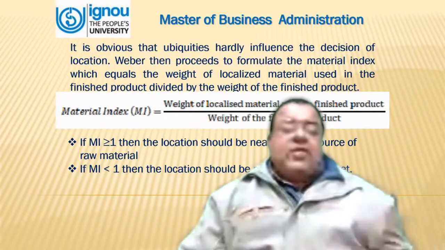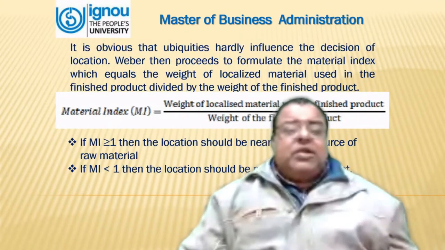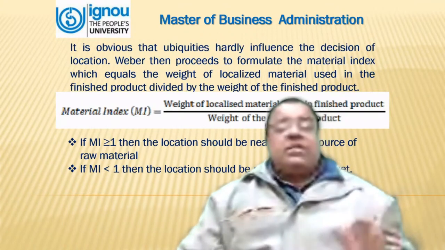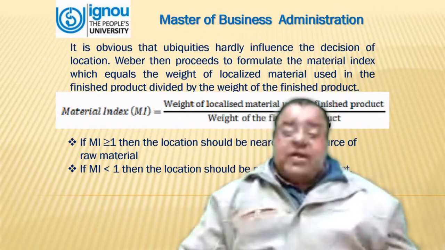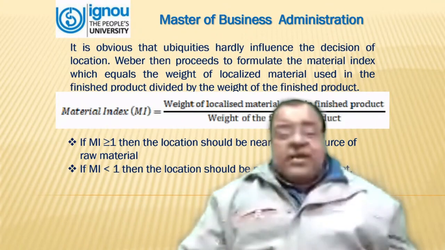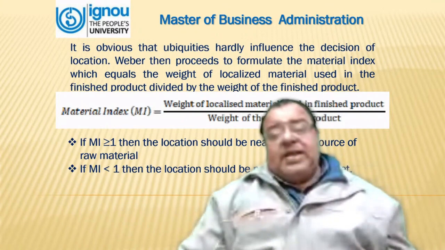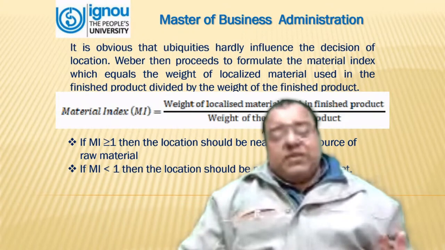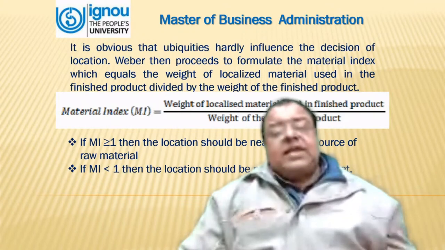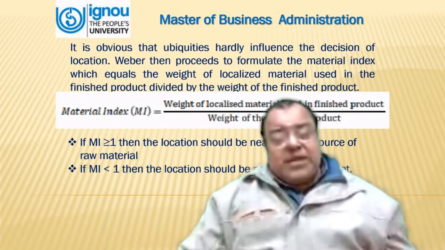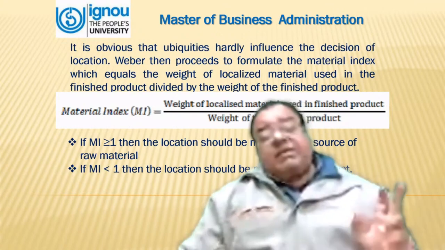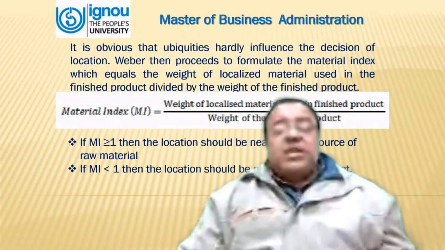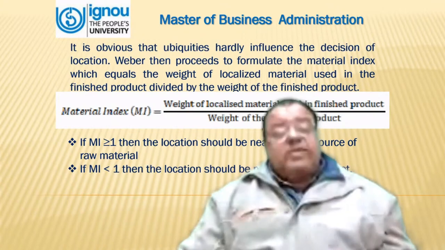It is obvious that ubiquities hardly influence the decision of location. Weber then proceeds to formulate the material index, which equals the weight of localized material used in the finished product divided by the weight of the finished product.